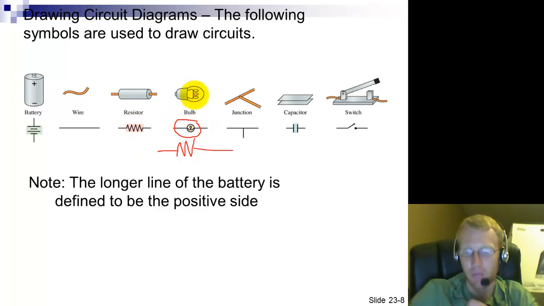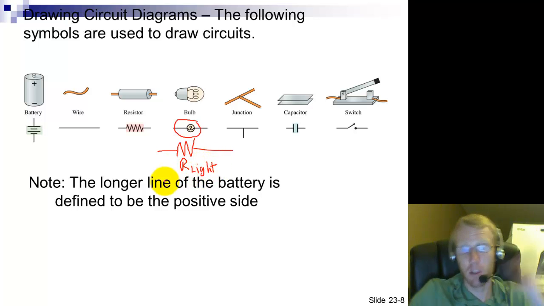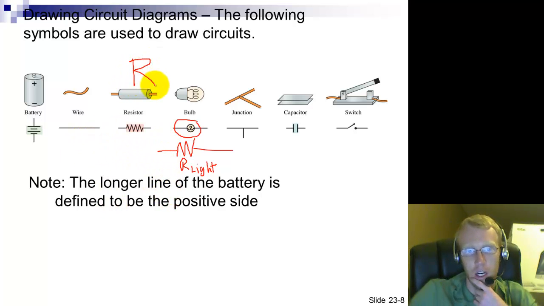Because a light bulb has a resistor in it. That's how it works. So to me, resistor and light bulb, I just draw the same way. And then I usually label them like R sub light, if it's a light bulb. Or if it's a toaster oven, I put R sub toaster, or whatever the resistance is. And we'll get to what resistance is in just a second.